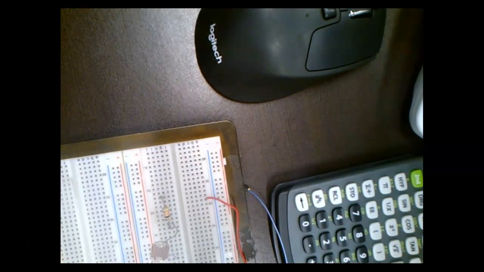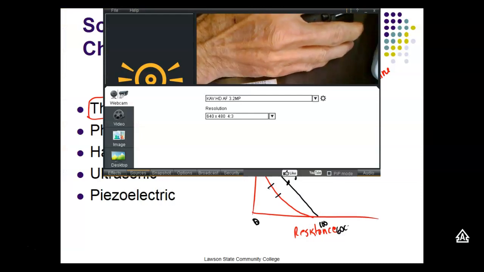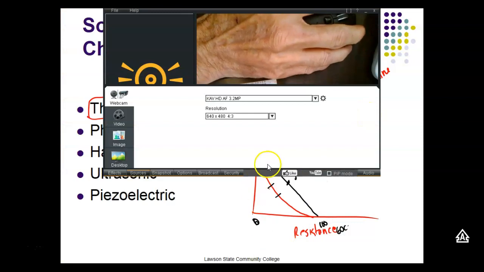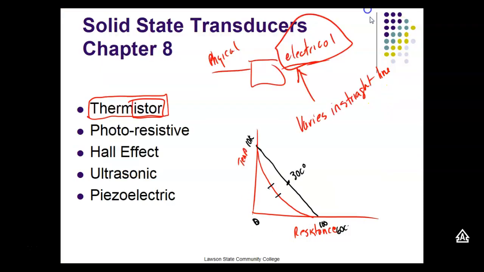Another thing we can do is we can use a thermistor, and if we know the ratio of change, then we can compensate for the change with electronics. So we do have linear temperature measurements.